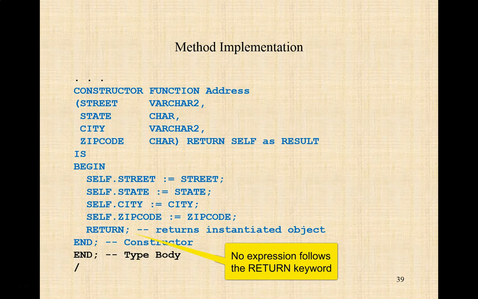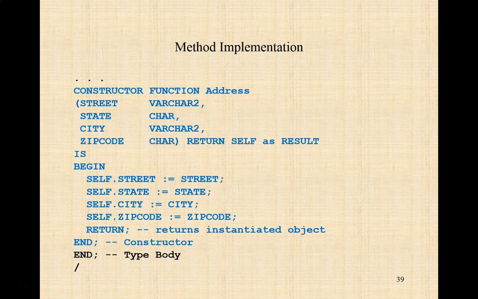There is no expression to conclude the return clause, as there was with the other two functions. A reminder that when a constructor function is called, the system initializes the attributes of the self argument to null. Here, we pick up from that point and assign the values of the parameters to the attributes of the object.